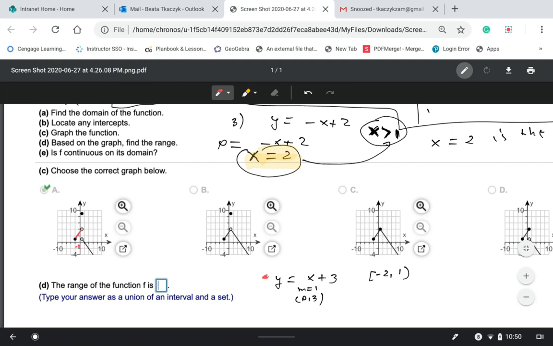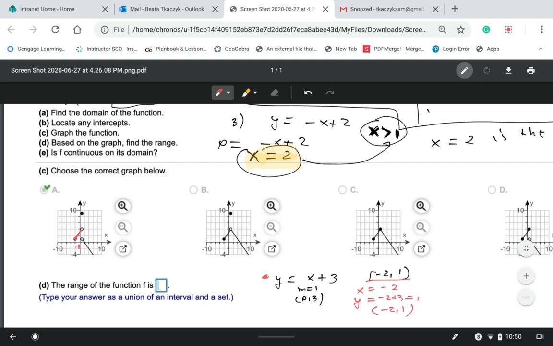Also, because it's a straight line, you can just find the coordinates: when x equals -2, y equals -2 plus 3, which is 1. So that's how we got the point (-2, 1).